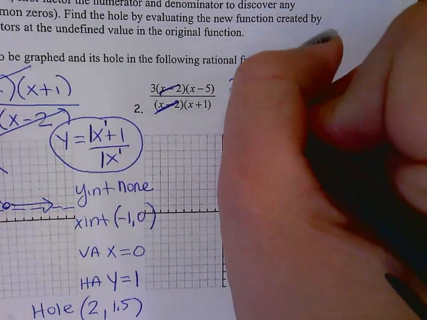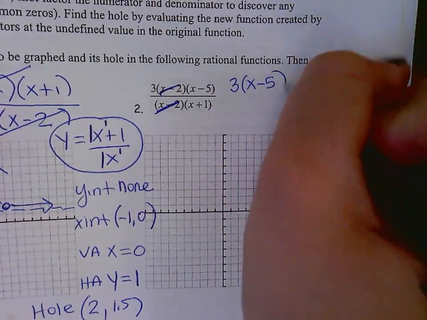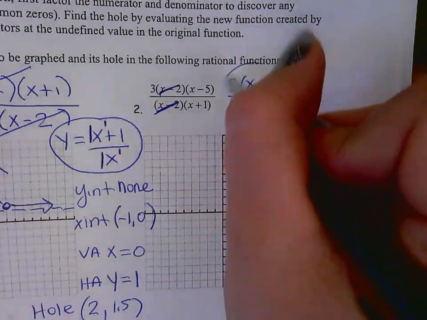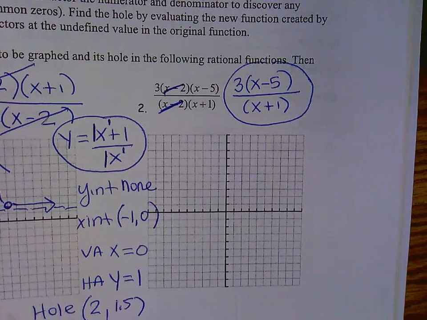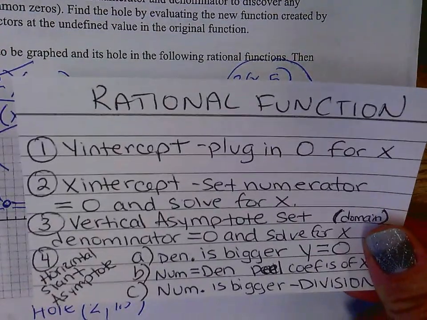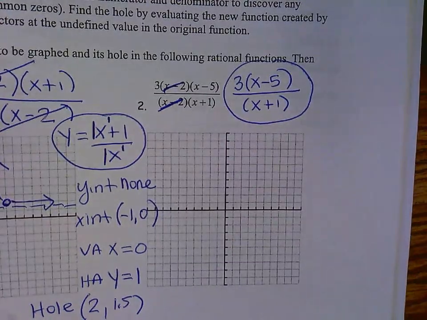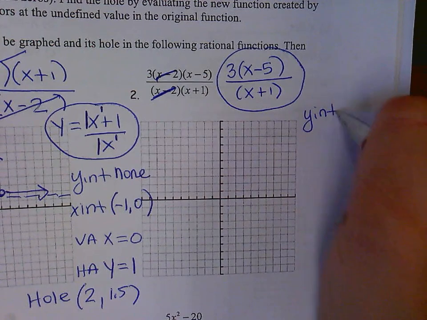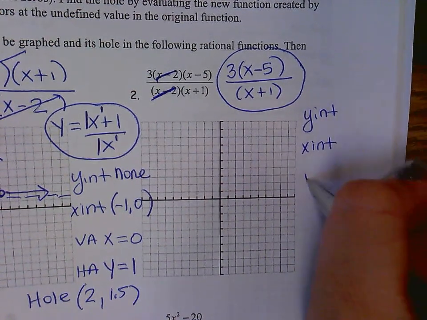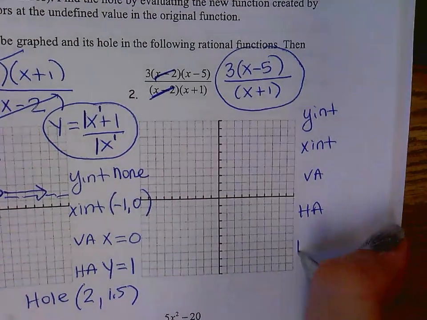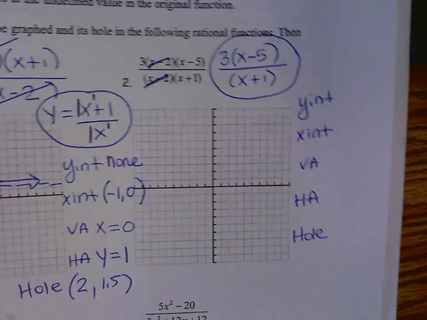So I have 3x minus 5 over x plus 1. This is my new function. I like circling it so that I can use the note card on the circled function and not get confused. So you're going to go through your steps: y-intercept, x-intercept, vertical asymptote, horizontal asymptote, and we have a hole because we canceled something.